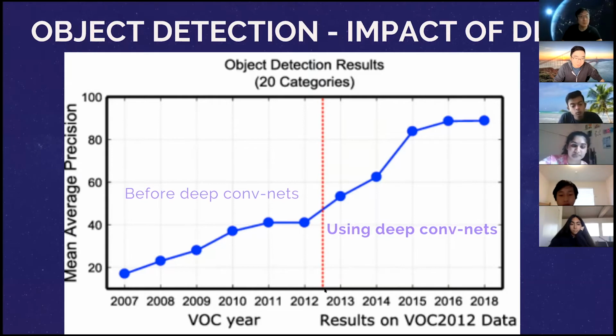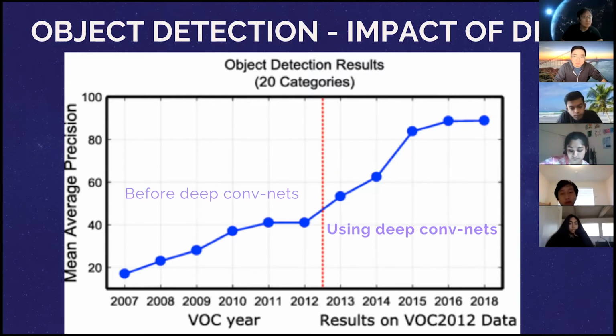Then after 2012, when a famous neural network called AlexNet came out, we can see the average precision increasing steadily over time. Now the precision for these 20 categories of things we're going to detect is more than 95%. So using deep convolutional nets, this problem has already been solved.